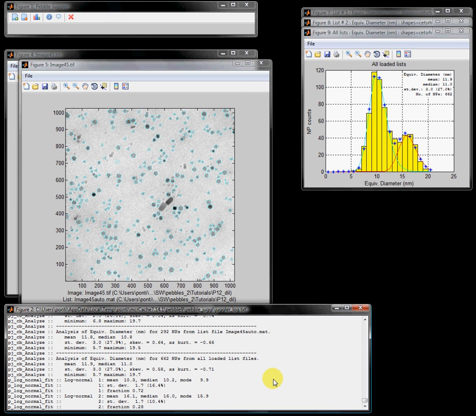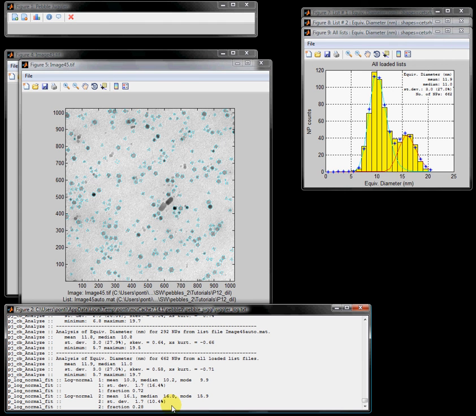But we can also hypothesize that we are in presence of two different log normals, whose parameters are represented in the log window.